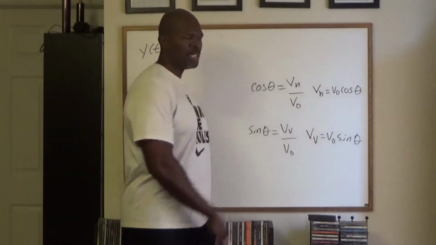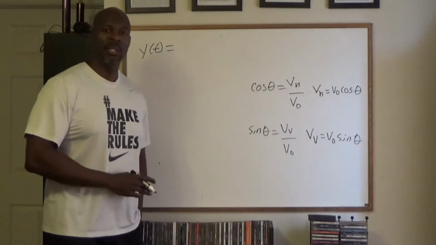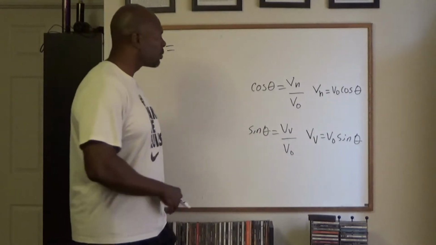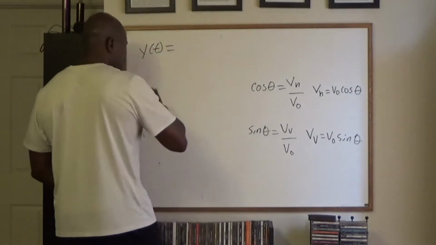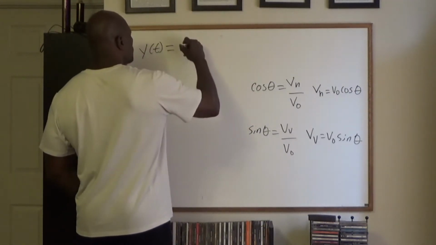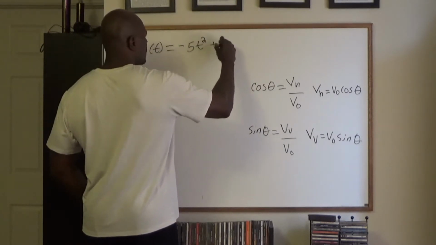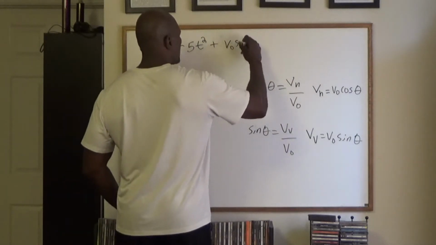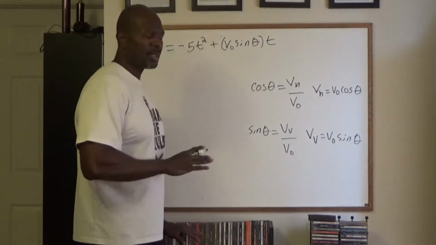and I'm assuming the units for distance in this problem are in meters, which means my vertical position function will be negative 5 t squared plus the vertical velocity, which is v naught sine theta times t, and I'll stop there.